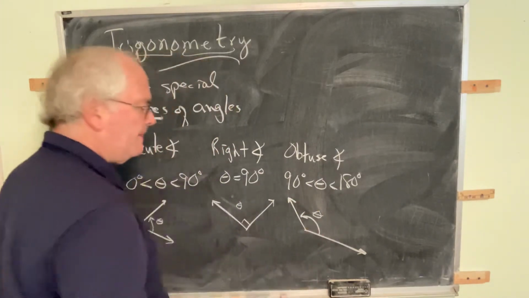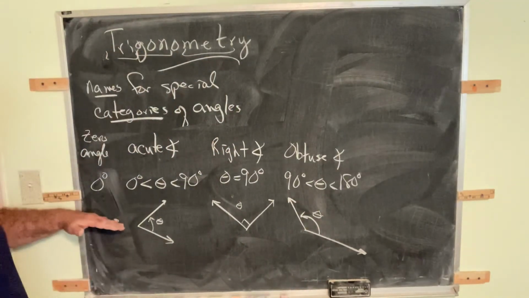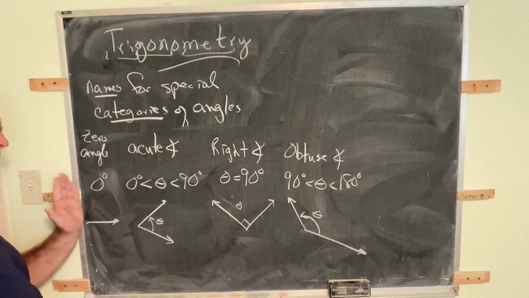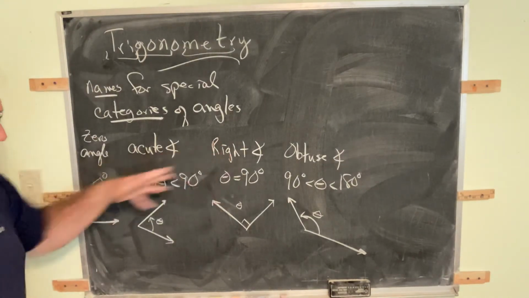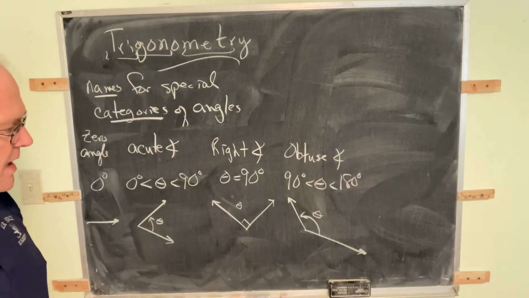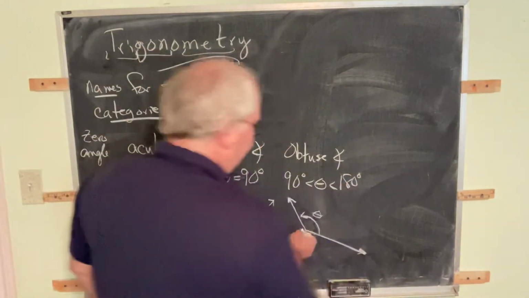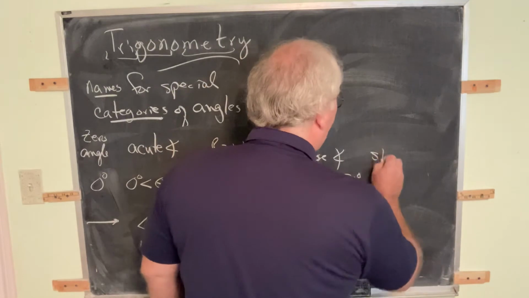There's theta. And so what we're talking about is as this terminal side rotates more and more around, we sweep through these various categories. And then let's see, what happens if this continues on? There's something we can call a straight angle.